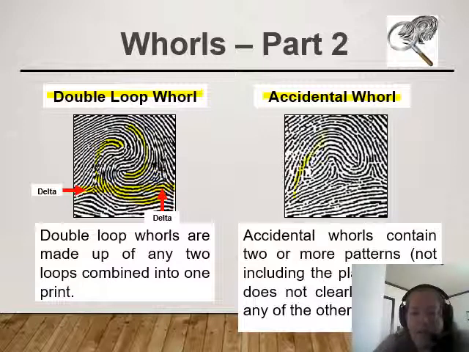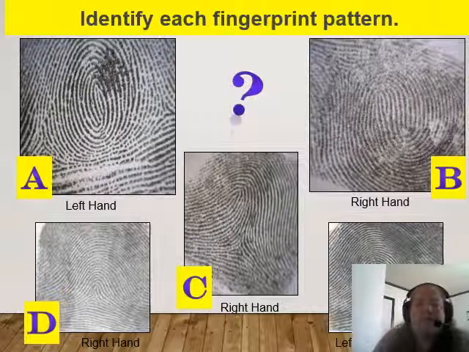You don't see a tent, you don't see the arches, you don't see the deltas, it just doesn't fit anywhere else. So here's a little test kind of to see if you can identify what the different types of fingerprint patterns are.